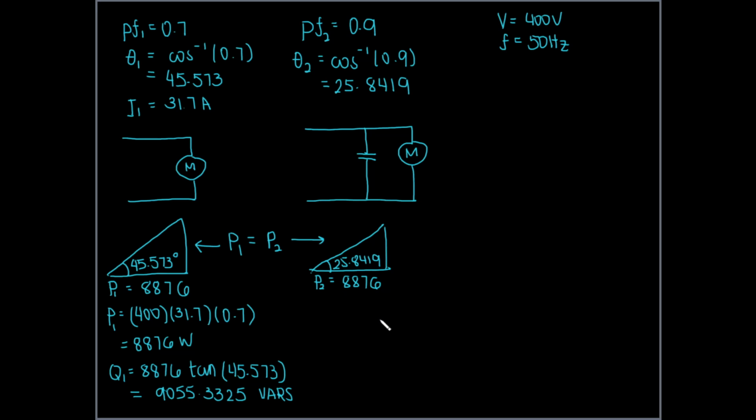Next, for the second triangle, so this is q1, this is q2, can only be solved, of course, similarly like how we solved q1.